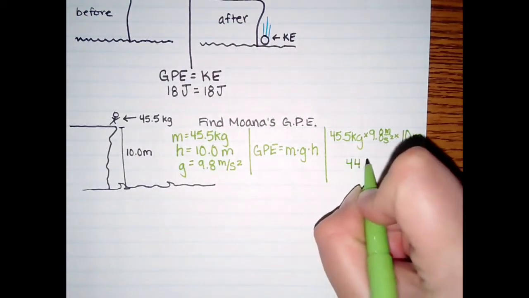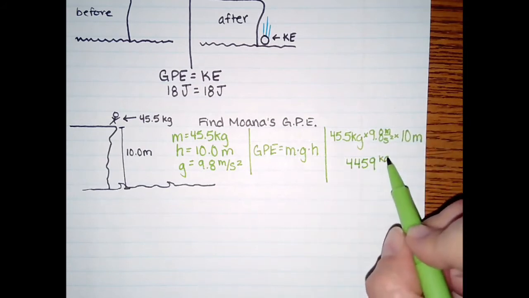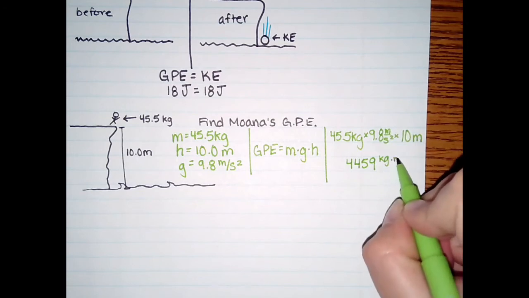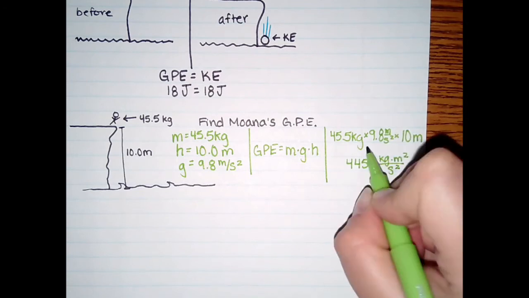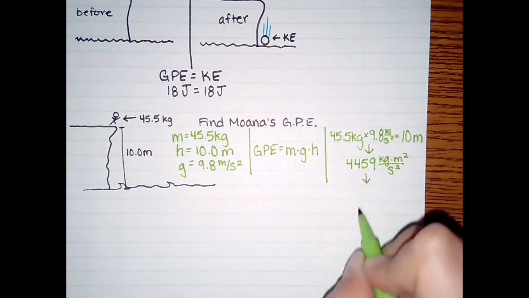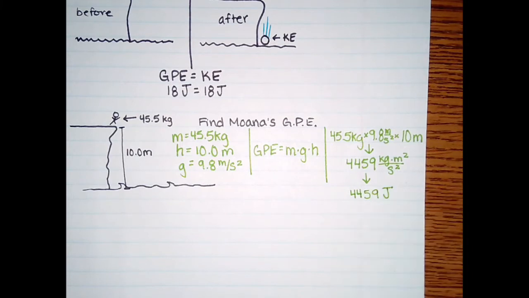And if I combine all those units, kilogram meter times meter squared over second squared, that is the same as saying 4,459 joules.